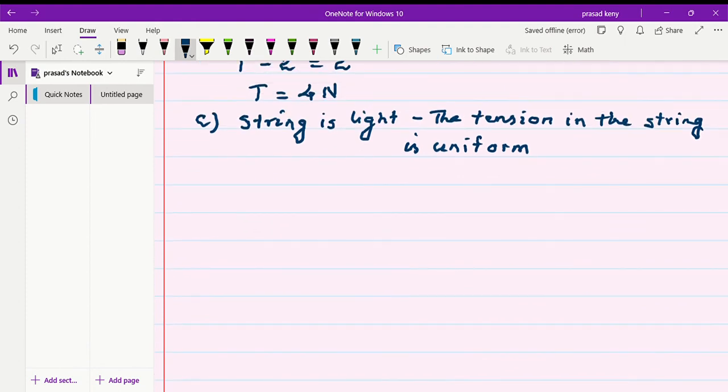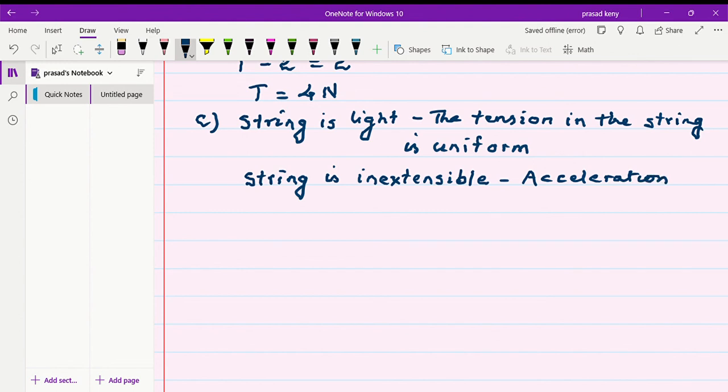And the string is inextensible, which means its length is not changing when it is getting pulled, and hence the acceleration of both the particles is the same.